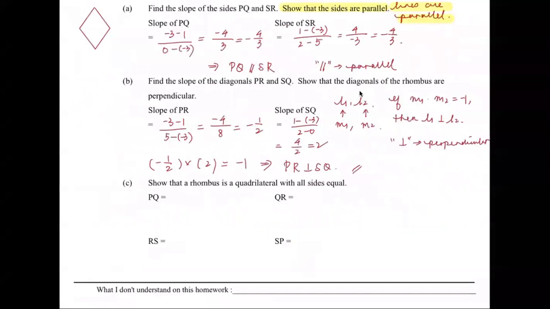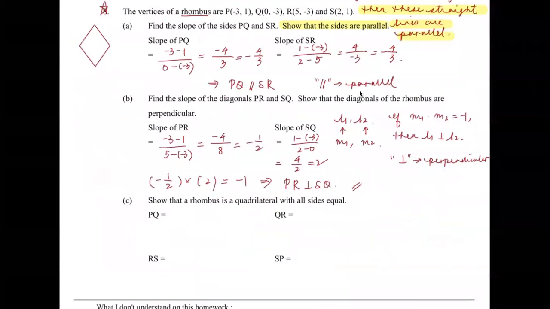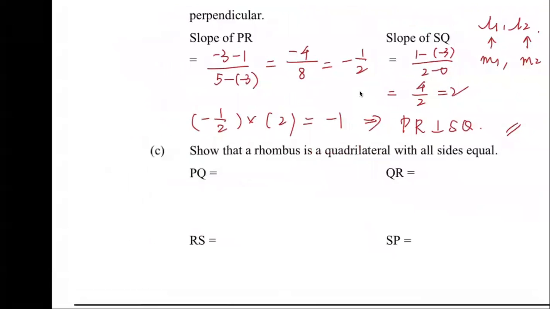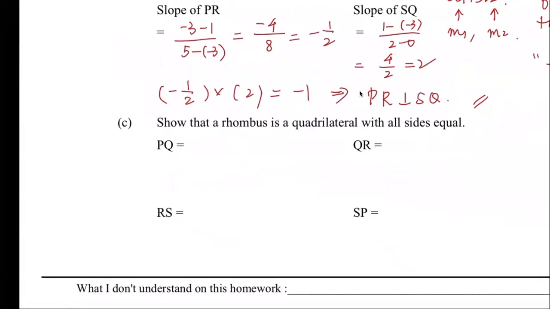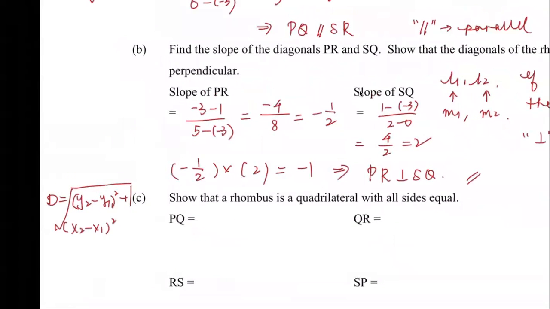So PQ, how do we find PQ? Let me write this formula again for you. D is equal to the square root of y2 minus y1 squared plus x2 minus x1 squared. And everything, okay, everything here needs to be in the square root, okay? So PQ, what is PQ?